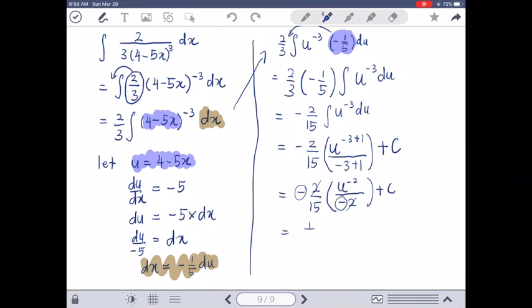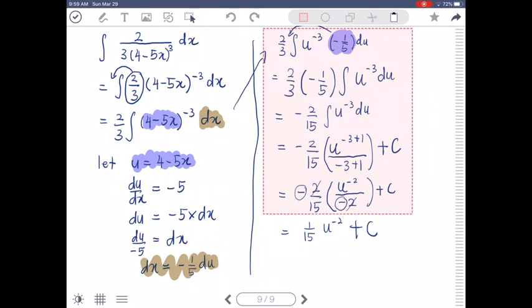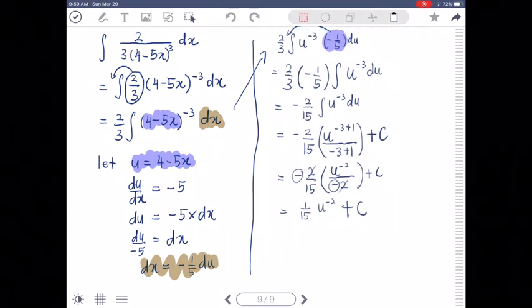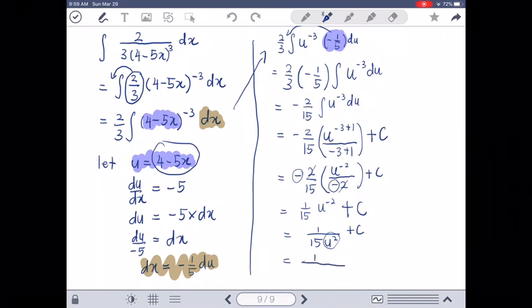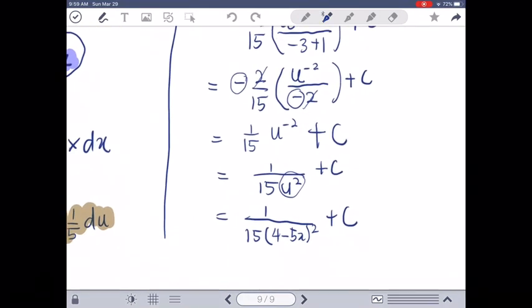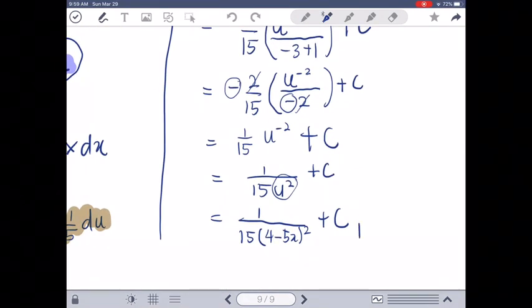So we have 1 over 15 u to the power of negative 2 plus c equals to 1 over 15 u to the power of 2 plus c. Substitute u back, because u is just equals to 4 minus 5x, so it becomes 1 over 15 times 4 minus 5x to the power of 2 plus c. So that is your final answer.